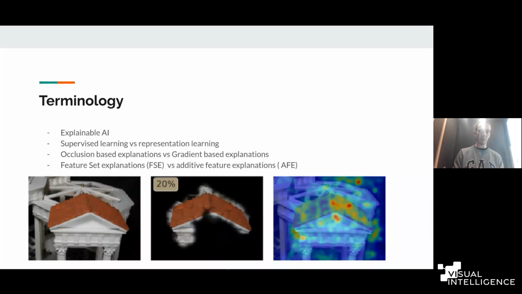Now that we talk about that, there's the question of supervised learning versus representation learning. When you talk about supervised learning, that's usually when you have an input signal and an output signal, and you seek your model to actually learn the mapping from one to the other. For example, you have a classifier that tells you whether it's a cat or a dog in the image.